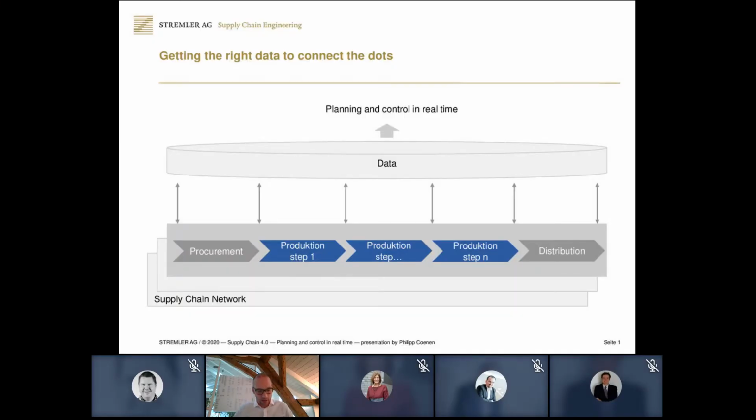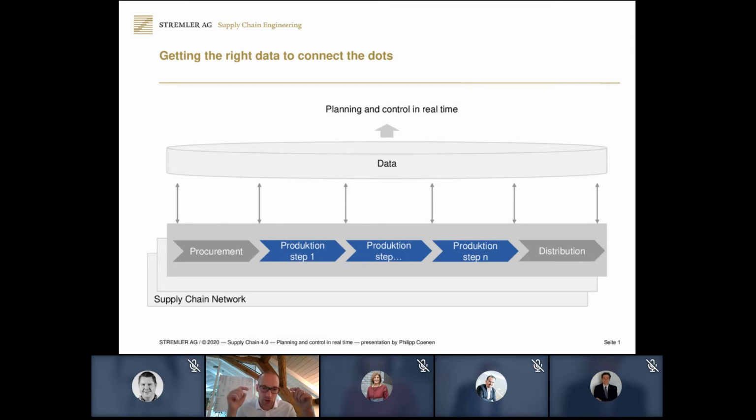Our goal at Stremler is to ensure the seamless integration of all necessary data, to create a digital twin for planning and control of the integrated supply chain. That means it starts from procurement, through the different production steps, and ends with distribution, which in the end can be installation at the customer side.